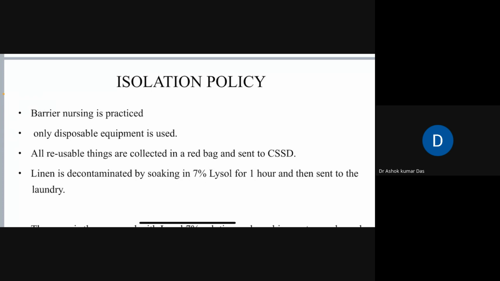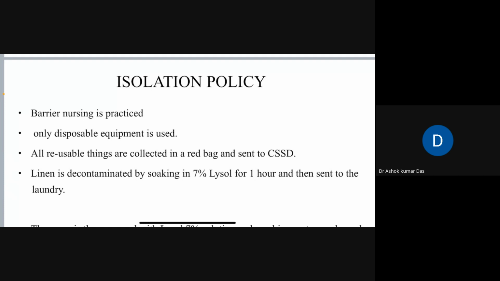Then there should be dedicated rooms. For example, the open cases of TB should have dedicated isolation rooms, and barrier nursing should be practiced where only disposable equipment is used, which is to be discarded and never reused.